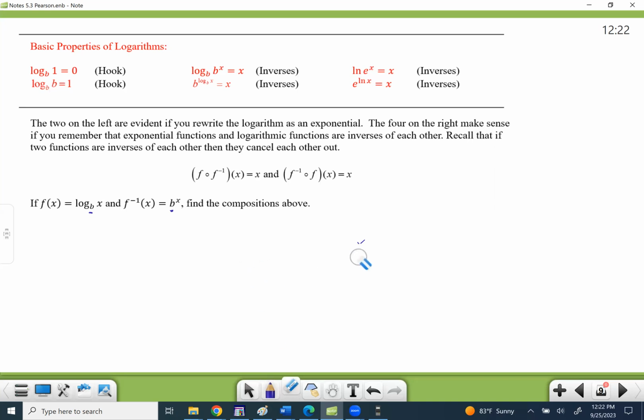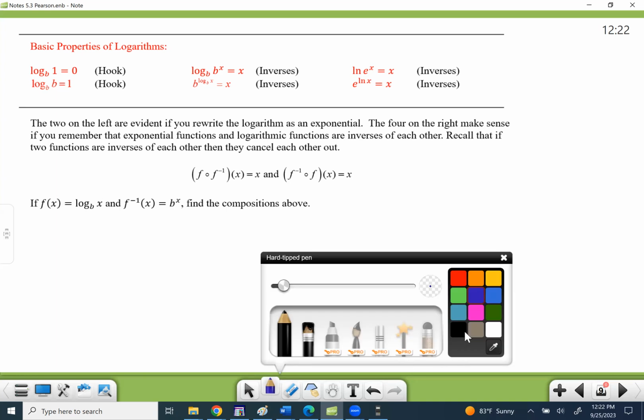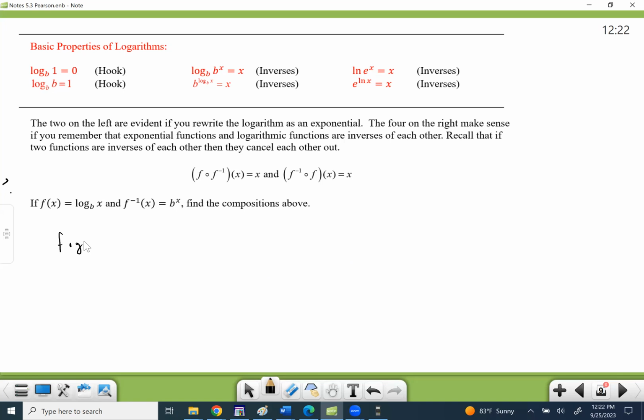All right, so let's compose these. We'll do it both ways just to see what it looks like. It's f inverse composed with f first, and then we'll do f compose f inverse.